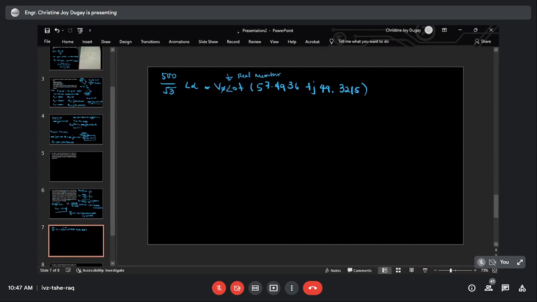It has no imaginary value, it will be 0. So separating that, 500 over square root of 3 angle of alpha equals V-phase plus 57.4936 plus J 49.3215, plus J0 for the imaginary of V-phase, but we don't need to write it.